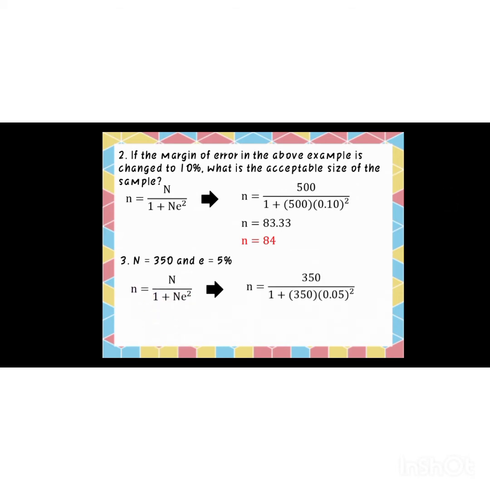So, 350 over 1 plus 350 times 0.05 raised to 2, we have the sample size of 186.67. Nakadecimal siya, so i-round off natin ulit. Magiging 187. So the sample size for the population of 350 and margin of error 5% is 187.